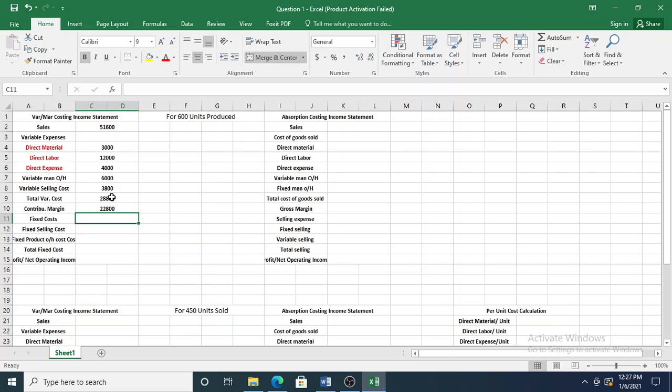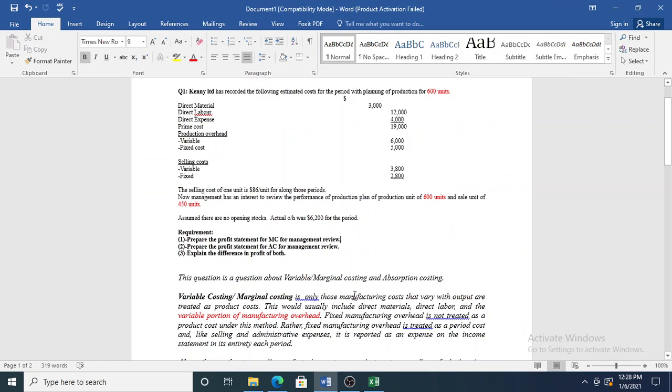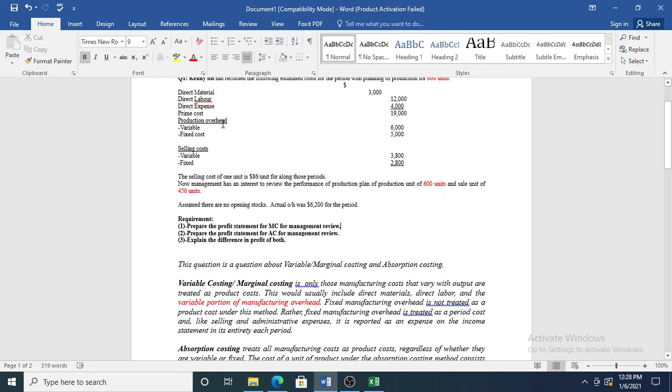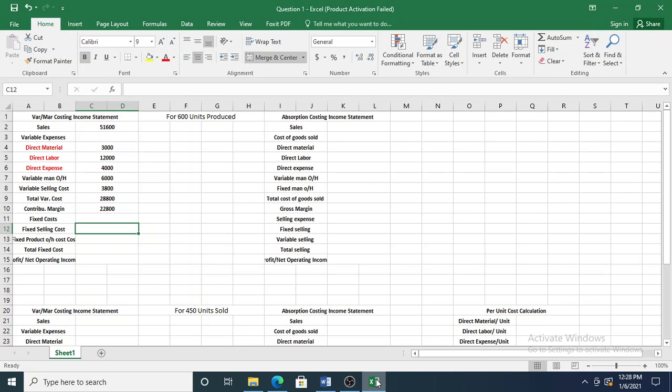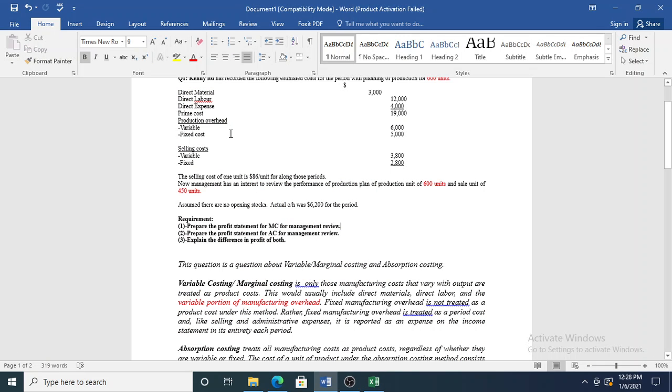The fixed costs are the fixed selling costs and the fixed production overhead costs. The fixed selling costs are 2,800, and the fixed production overhead cost is 5,000.